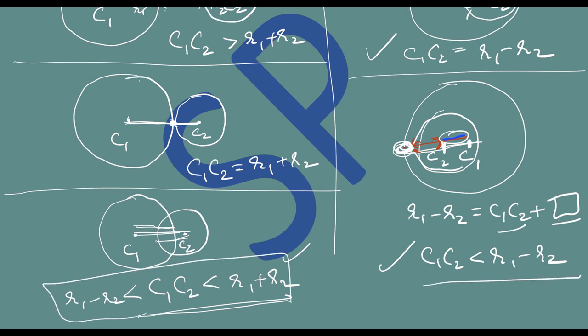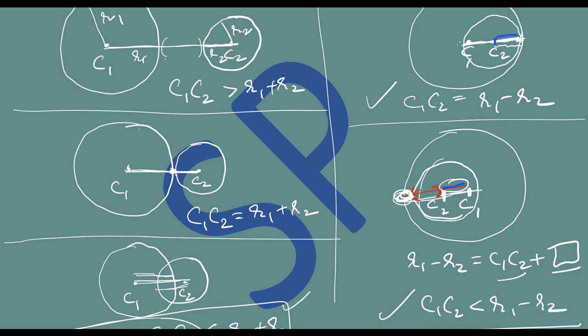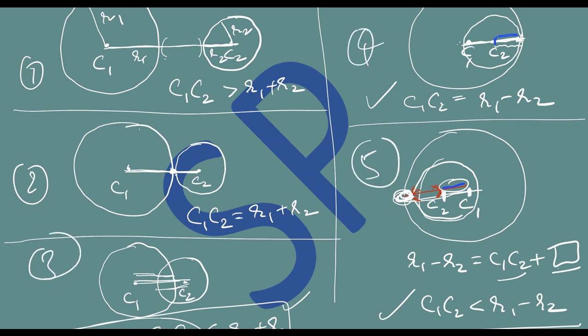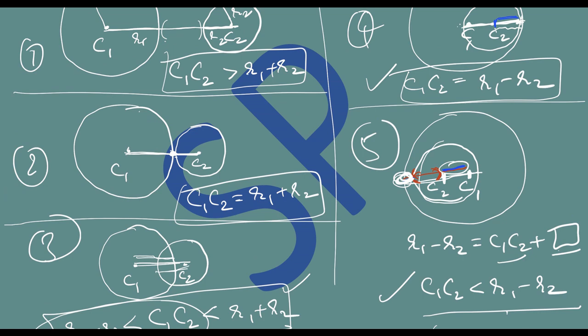You see here, you can see that C1C2 is less than R1 minus R2, whereas when they are intersecting, you will get C1C2 greater than R1 minus R2. Now, I want you to observe that for all the 5 geometric cases possible when 2 circles are given, for each one of them I now have an algebraic condition.